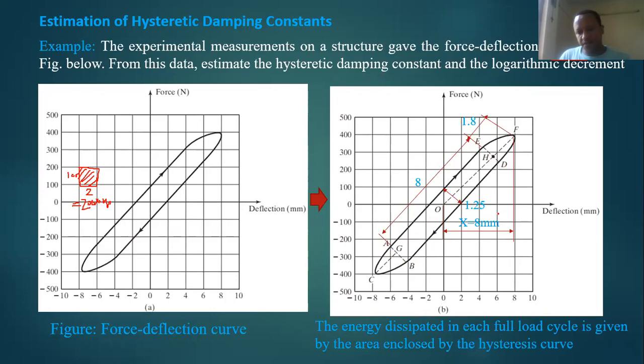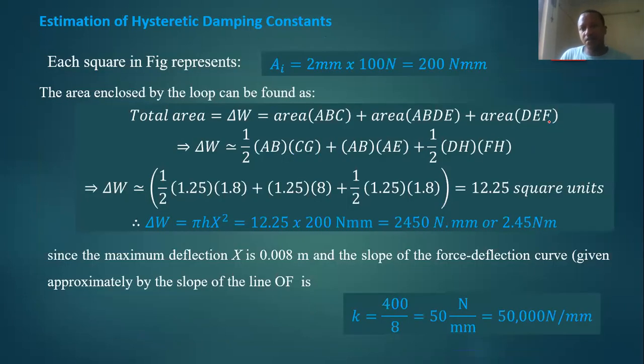We consider the two areas in the margin as a kind of triangle, that is an approximation, which is equal to half AB plus CG.